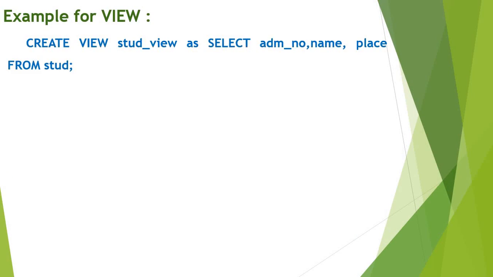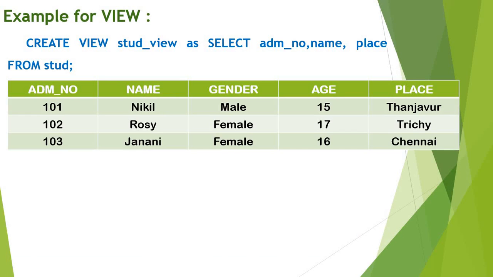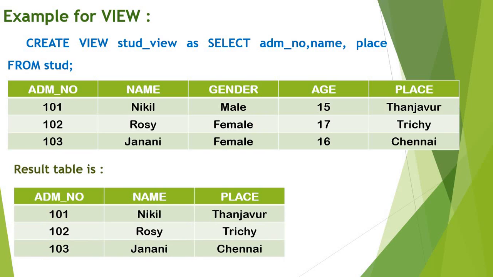See the result. In this query, I am selecting admission number, name and place from student. The output shows admission number, name and place only. It is a student view.